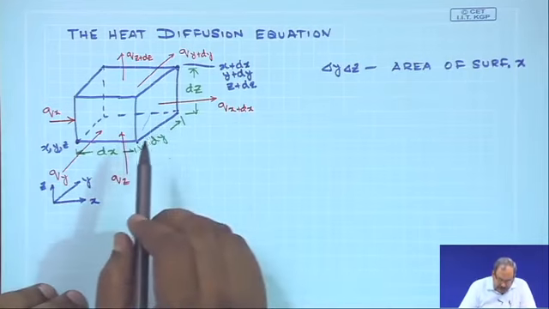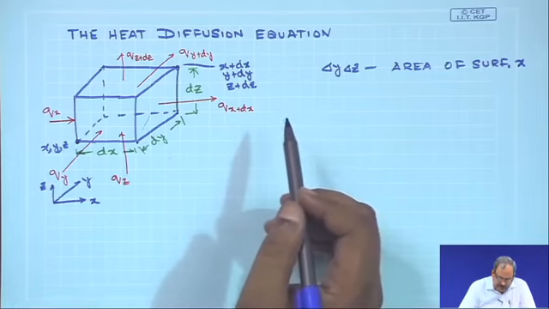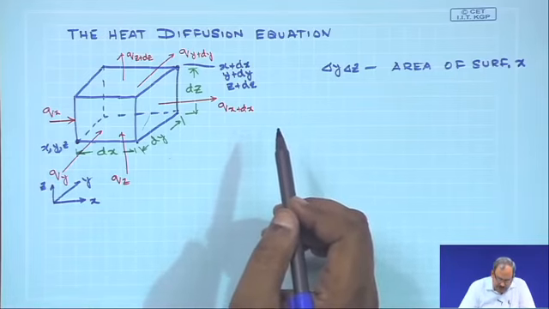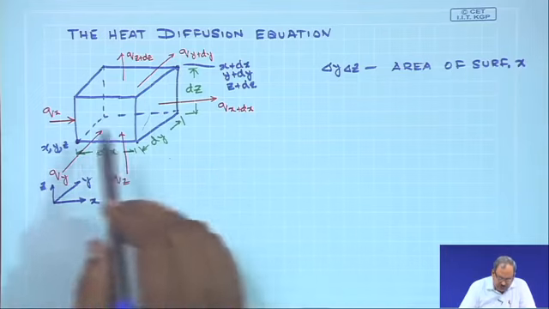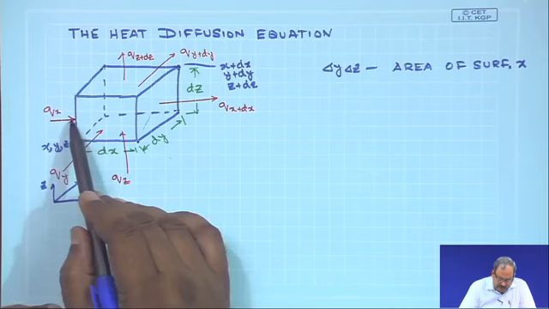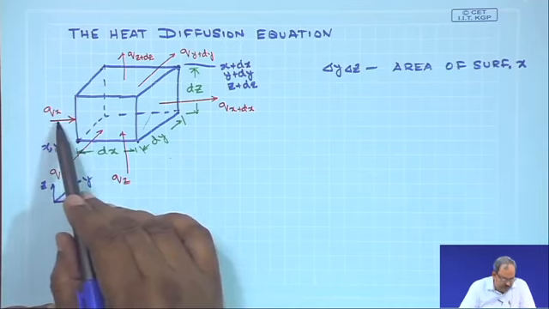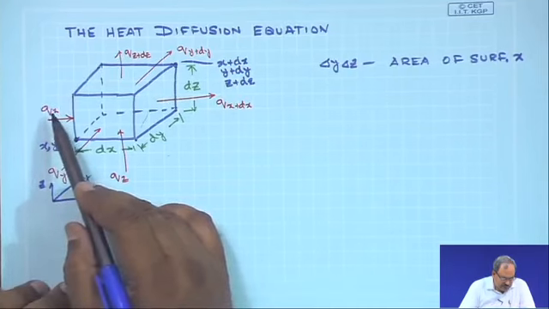By x face, y face or z face, we mean the area which is perpendicular to the direction mentioned. So, the x face is perpendicular to the x direction and the amount of heat flow to the system would be denoted by qx.